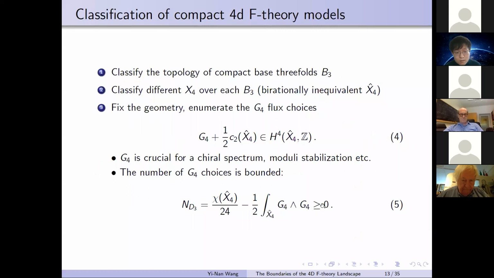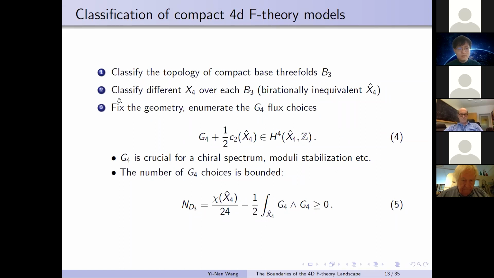So now, if we want to perform a classification program of the compact 4D F-theory landscape, then there are 3 different steps we need to do. So first, we need to classify the different topologies of all the compact base threefolds B3.